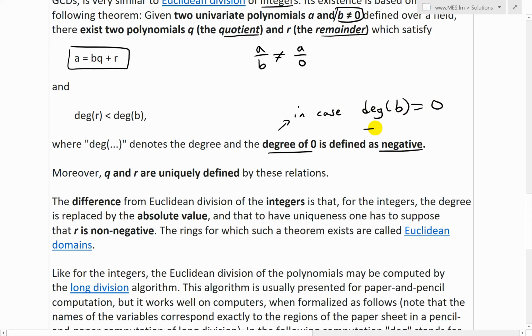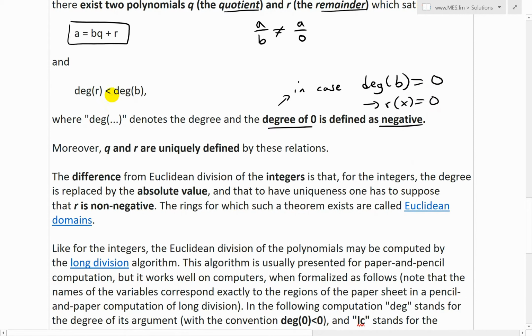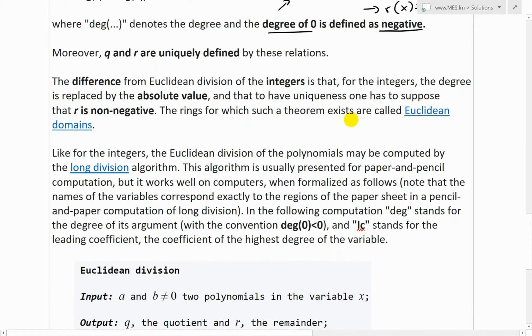In this case, we're just dividing by a number, and then r of x will just equal 0, and the degree of 0 is defined as negative, so that it's less than the degree of b. This will make more sense as I go further later in this video.